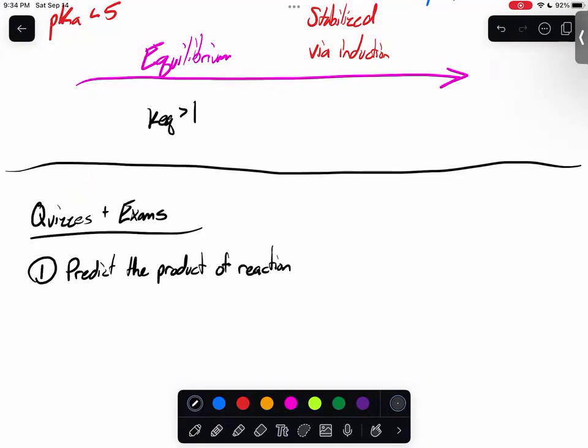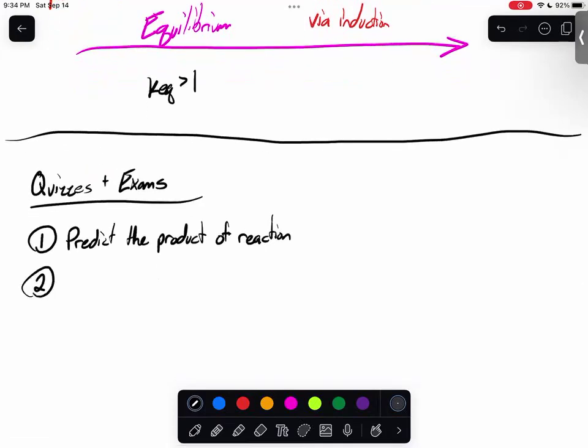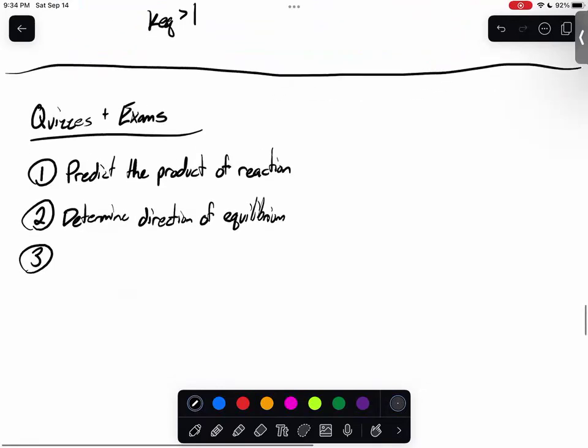The second thing you're going to have to do then is determine the direction of equilibrium. Right? So just like we've been doing with these previous ones, you're going to have to tell me which direction equilibrium is pointing. And the part that is even more fun is you'll have to say why, right?